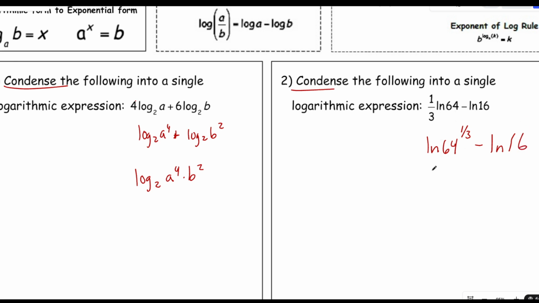And that, I guess I'll just simplify that. So 64 to the 1/3 is 4. And then everything that's negative is a denominator. So that 16 is going to go on the bottom while it's going to simplify. So it's ln of 1/4. I guess that's it.